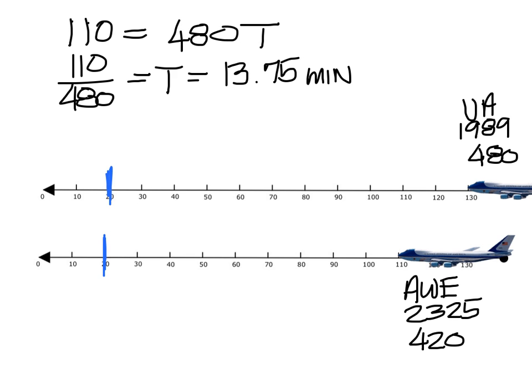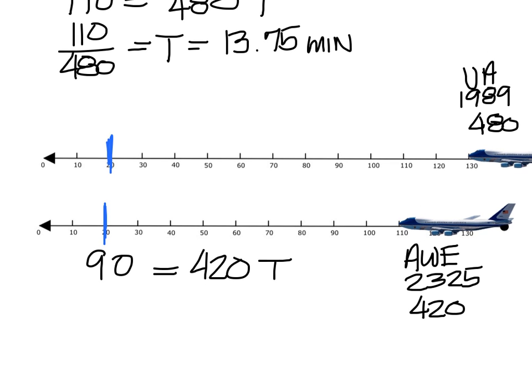What about AWE 2325? What do I know about that? It's going 420 miles per hour. How far is it going to travel? 90 miles. What do I do to solve for t? Divide both sides by 420. 90 over 420. And then multiply by what? 60.